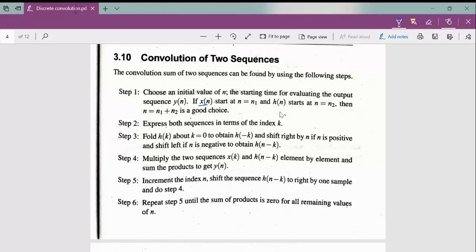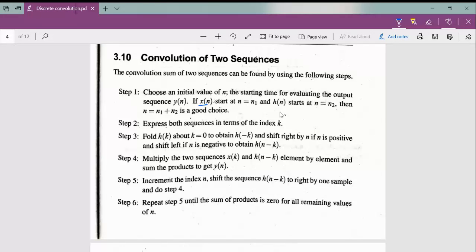Then the resulting length of the convolved sequence will be L1 plus L2 minus 1. So we know the starting point, which is n1 plus n2, and from there we should have L1 plus L2 minus 1 samples in the convolved sequence.